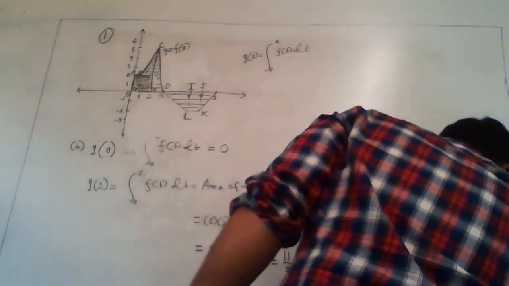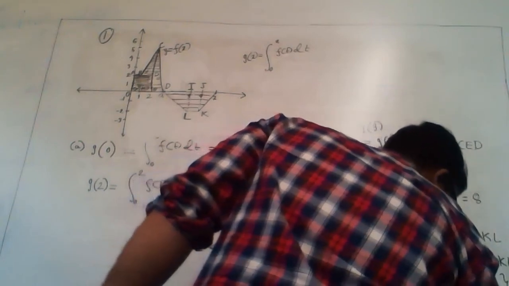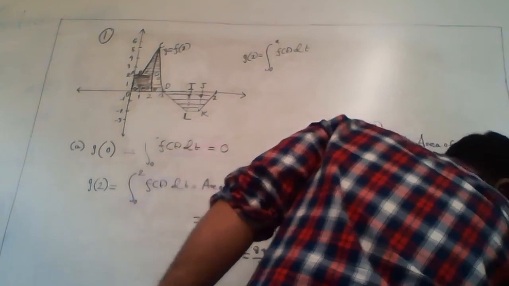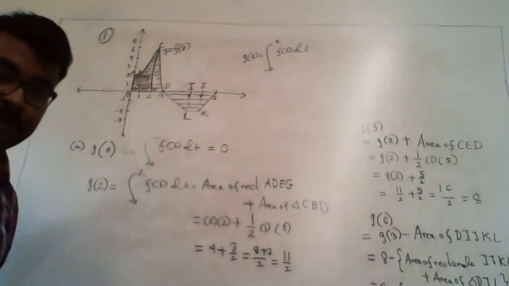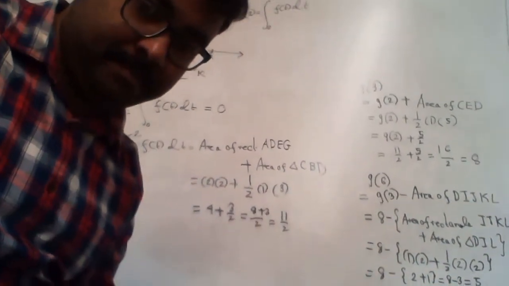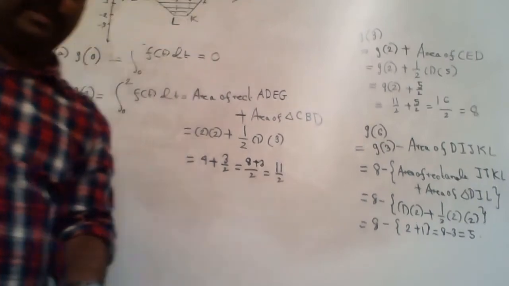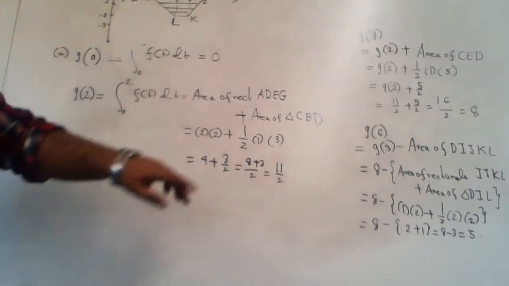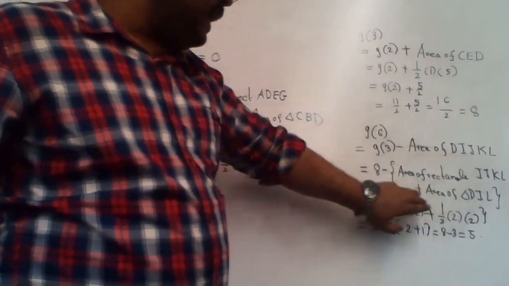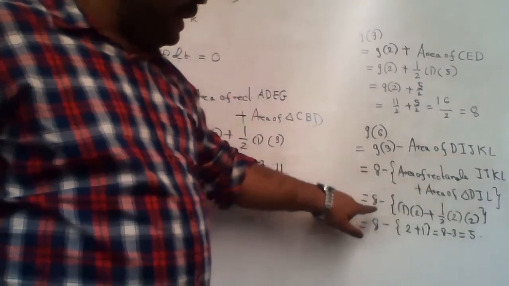So ultimately I get 8 minus 2 plus 1, so 8 minus 3, I get 5 as my area. This is area g of 3 minus area of DIJKL, so area of the rectangle plus area of the triangle. So 8 minus 3 will be 5.